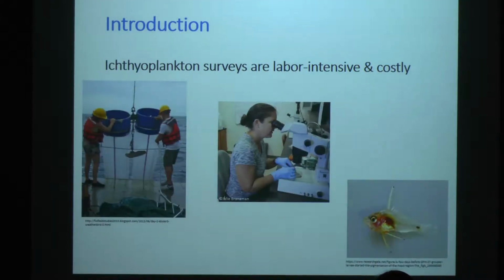In order to get that sort of information directly, we need to do ichthyoplankton surveys, which can be pretty labor intensive and expensive. Basically, the process is you go out on a ship, you tow an extremely fine mesh net through the water, then you look through that sample and try to find all the larval fish in there, and then try to identify them, which, by the way, a lot of the species look really, really similar as larvae as well.